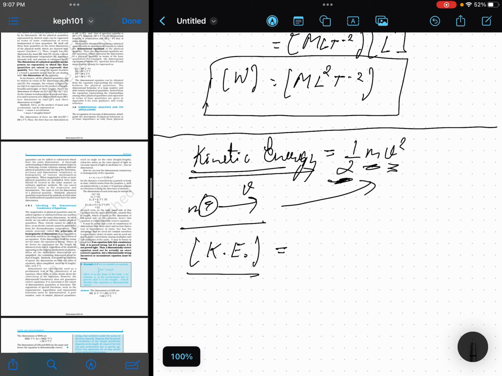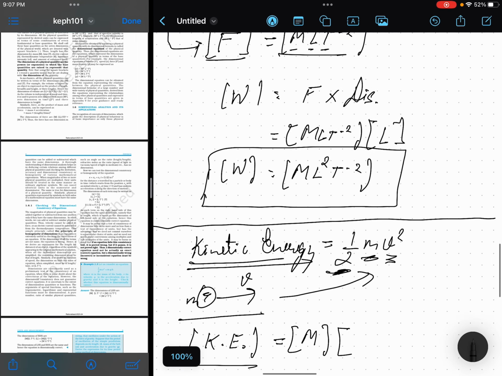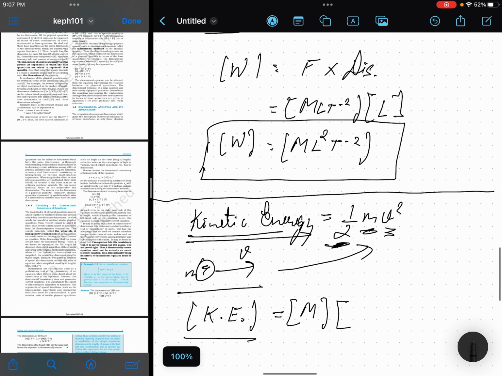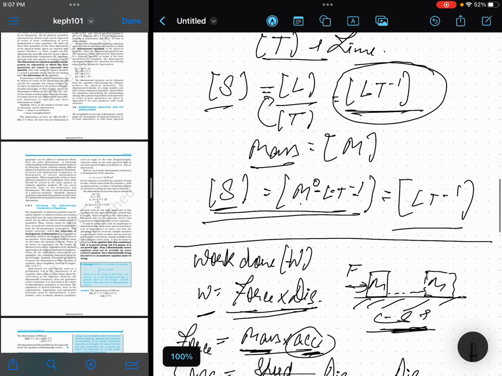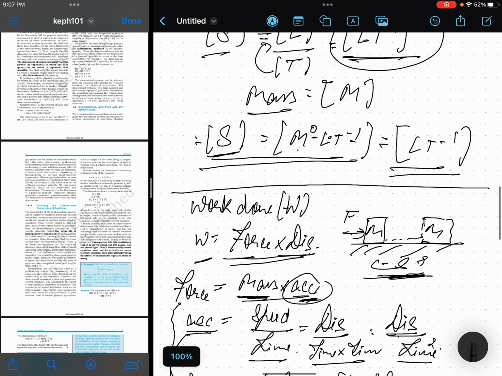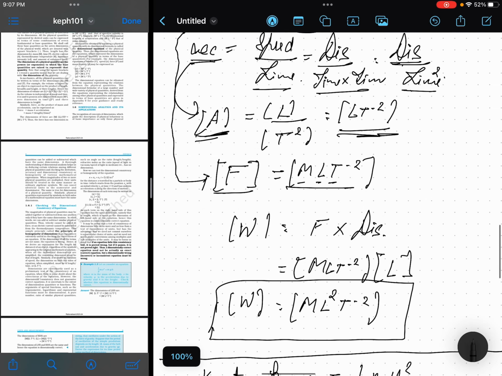So the dimension formula of kinetic energy will be the dimension formula of mass, which is capital M, and the dimension formula of velocity, which we have already found. Velocity and speed are actually the same thing. We've just found earlier the dimension formula of speed, or this is the dimension formula of velocity as well, LT minus 1, because speed and velocity are the same thing.